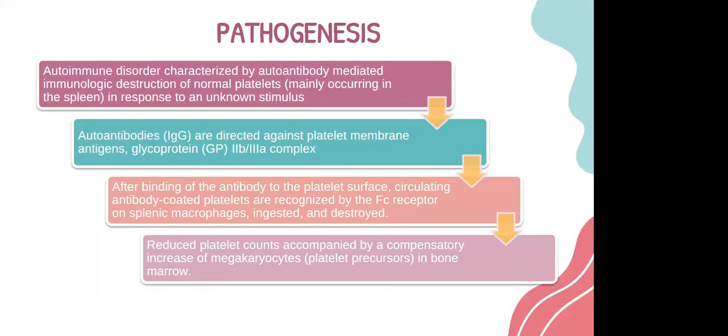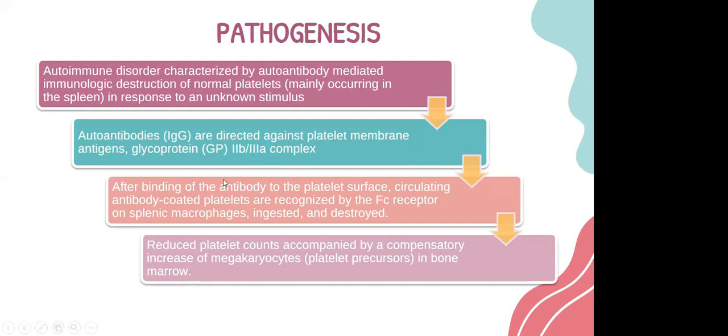So the pathogenesis of ITP. ITP is an autoimmune disorder characterized by autoantibody mediated immunologic destruction of normal platelets. This mainly occurs in the spleen, in response to an unknown stimulus. Autoantibodies, typically IgG but sometimes IgM, are directed against platelet membrane antigens, such as the glycoprotein IIb/IIIa complex.